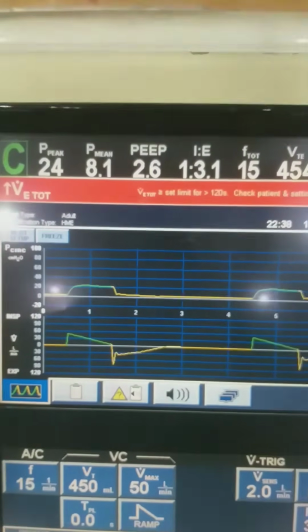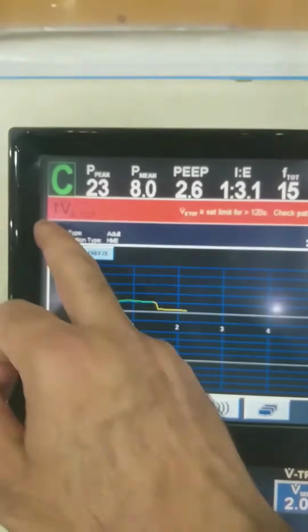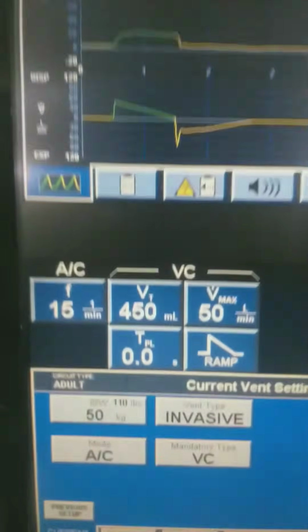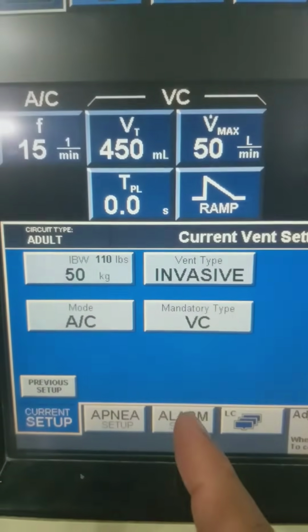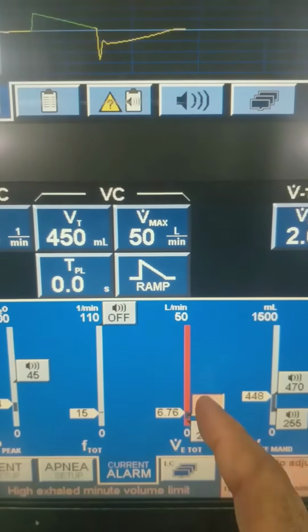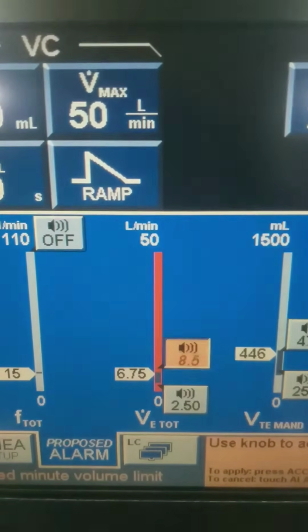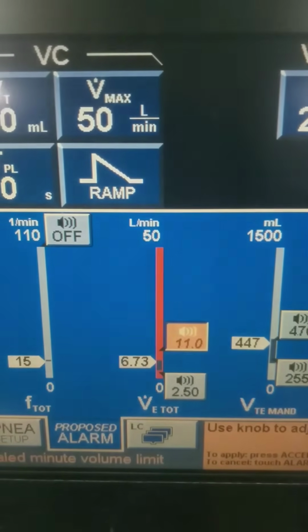Now there is an alarm going on, which shows us that the minute ventilation alarm is beeping. So we are to go for the alarms. We'll push the button, and then we will see that there is a red line of a minute ventilation alarm. This is the total minute volume, liter per minute.